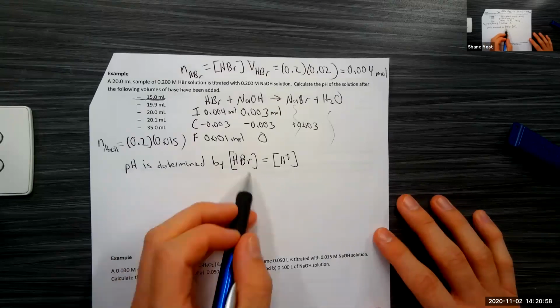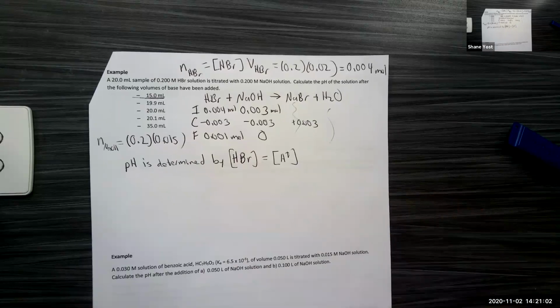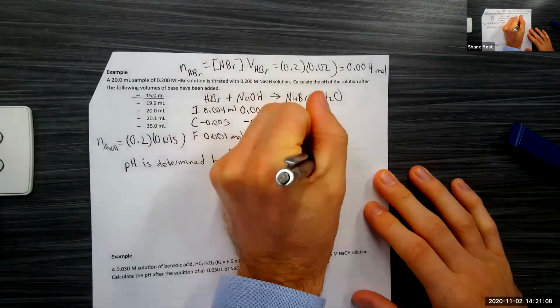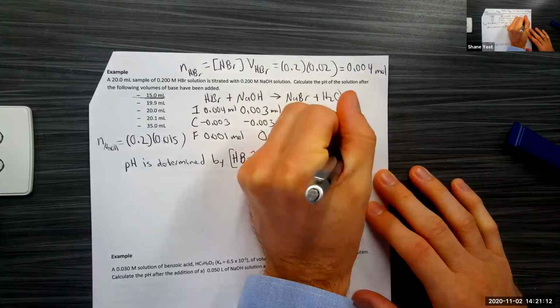So the question is, what is the concentration of HBr? Well, the concentration of HBr is its moles divided by the volume.